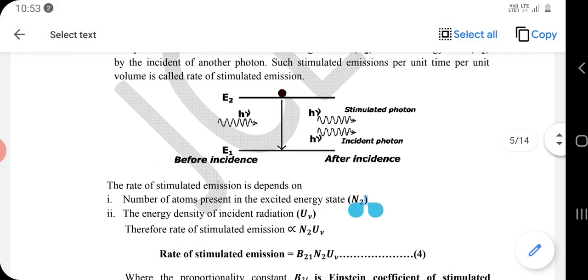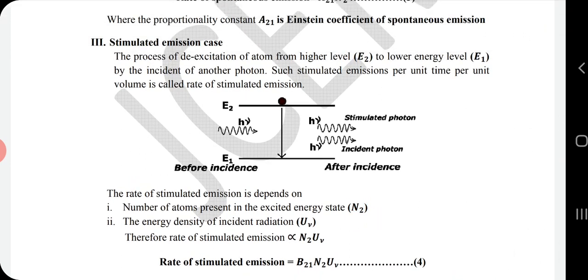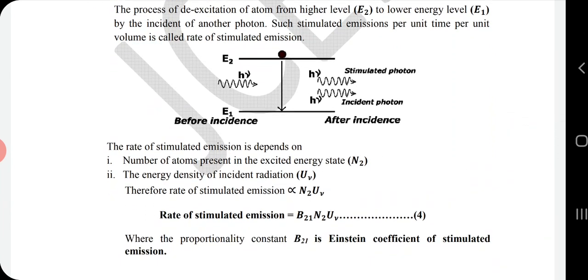Then again we are supplying the energy density, u nu. So it depends on two things, n2 and u nu. The rate of stimulated emission can therefore be written as b21 n2 u nu, where b21 is the proportionality constant and it is called Einstein's coefficient of stimulated emission.